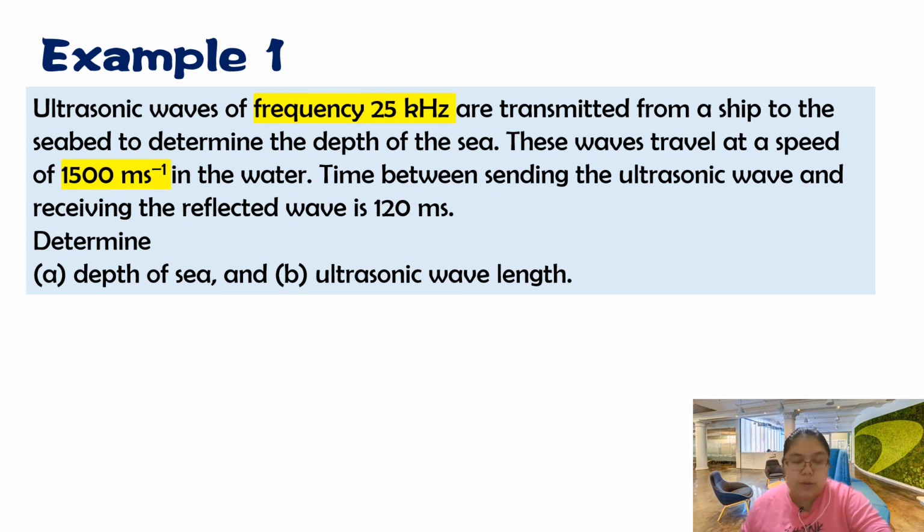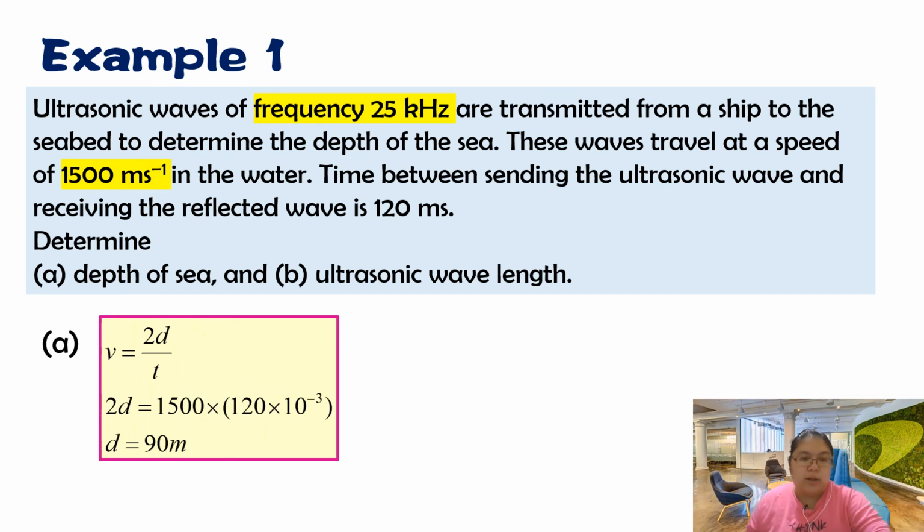So your distance must be two-way. But the question asks about one way only, that's the depth of the sea. So we're using this formula, V equals 2D over T. Now 2D equals 1500 multiplied by 120 millisecond. So finally the 2 must go to the other side, divide. Then I get the answer is 90 meter.